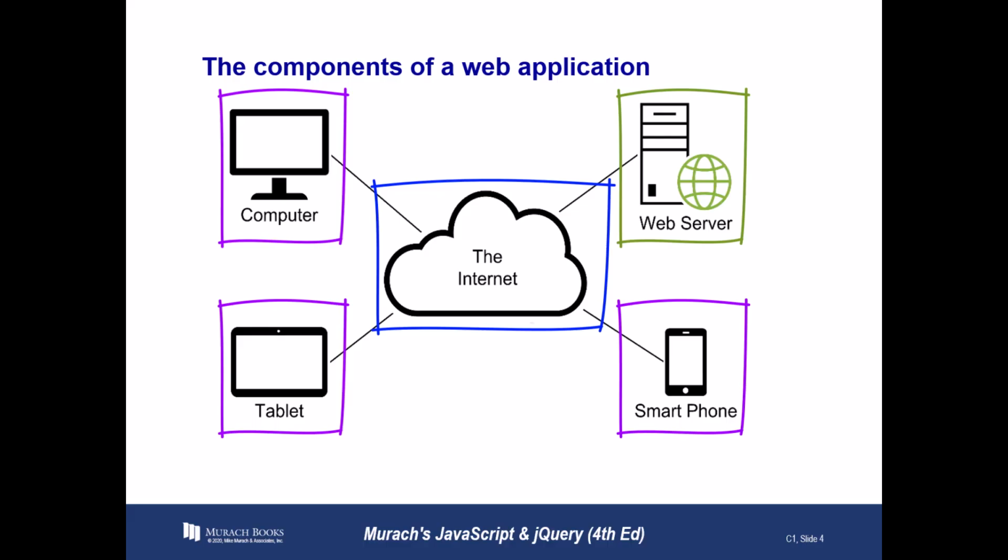To recap, this illustration depicts a web application which is accessible via the internet. However, web applications can also be made available via an intranet on either a local area network or a wide area network that would not be directly accessible through the internet.